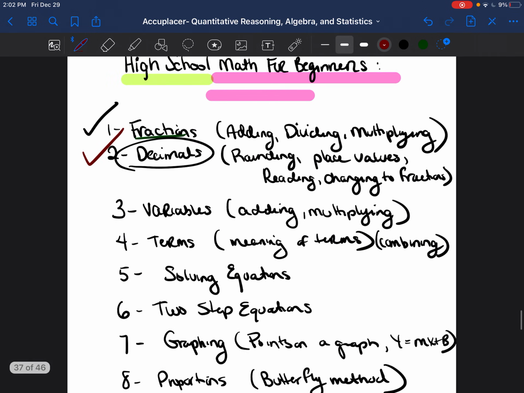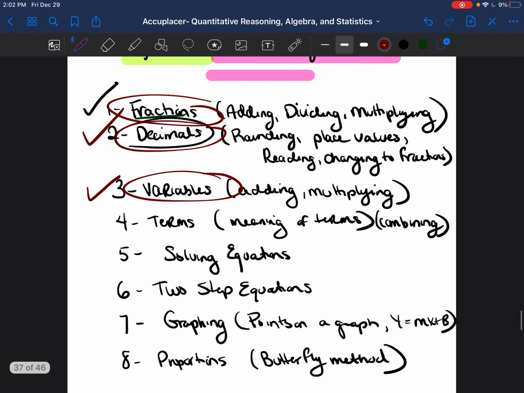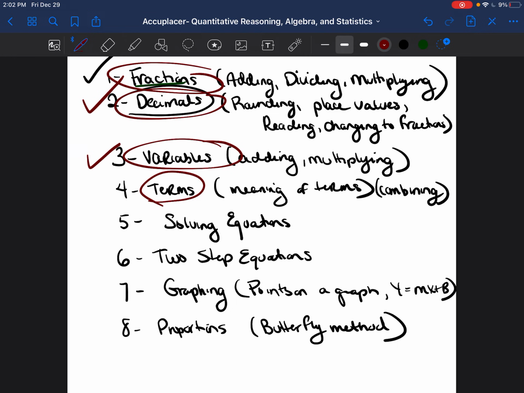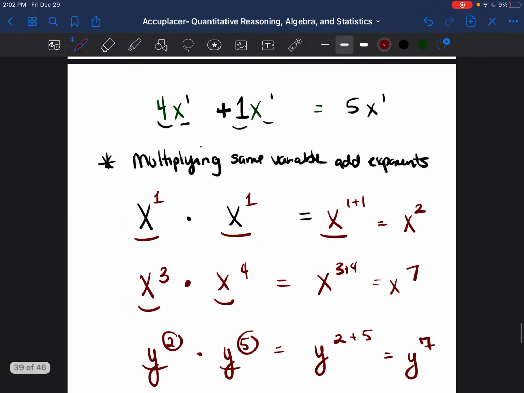So we went ahead and did our variables. You guys now know how to do fractions, decimals, and variables. So let's talk about terms, and let's talk about combining like terms. So we were talking about variables. Variables are just x, y, and z. By themselves, they're variables.